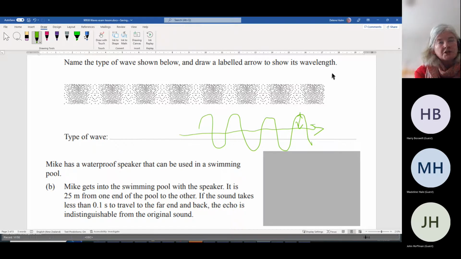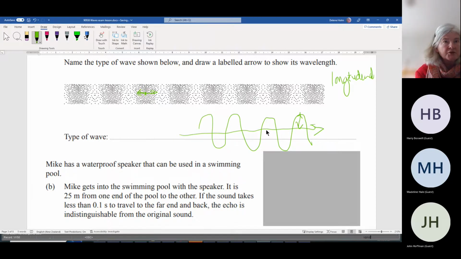Whereas for a longitudinal wave, which this is, the particles are bobbing backwards and forwards. So this particle is bobbing there, and then it's bobbing that side, and then this side, and then that side. So it's in the same direction and opposite direction of motion, but not perpendicular to the motion.